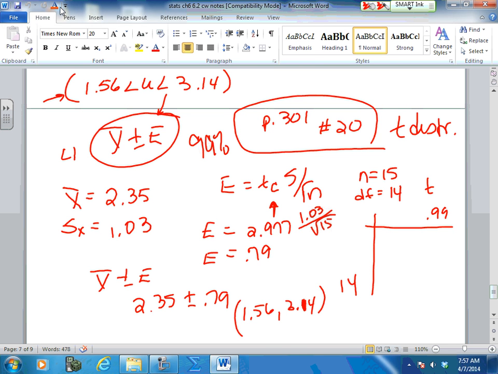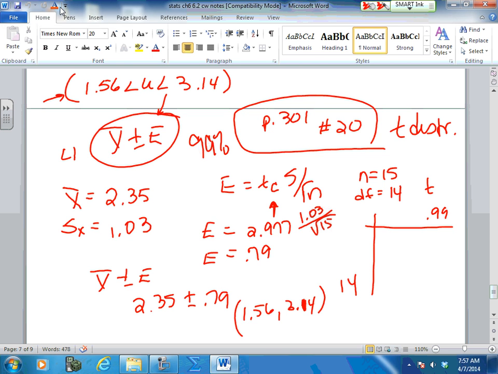My population. I am now 99% confident that my population mean will fall between those two numbers based on my sample, because I needed a way to infer some information about my population because I didn't have any information about my population.